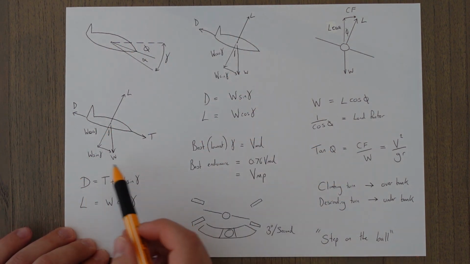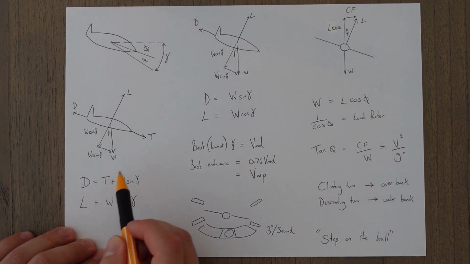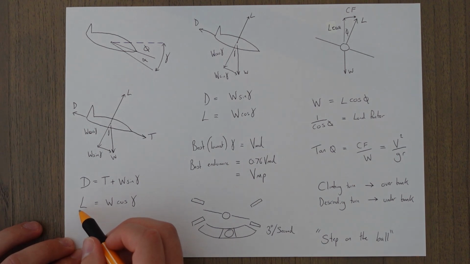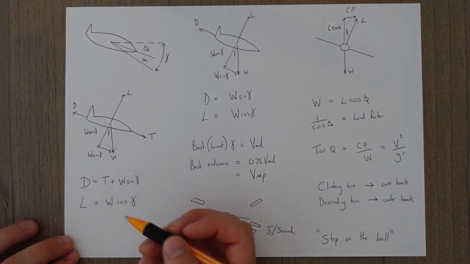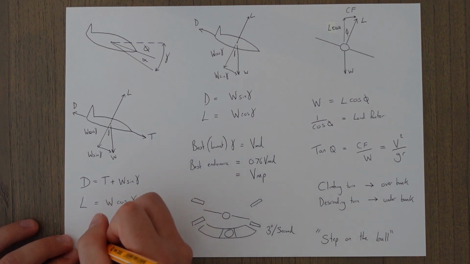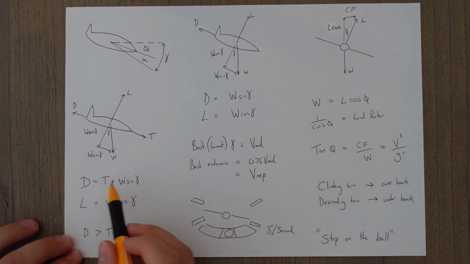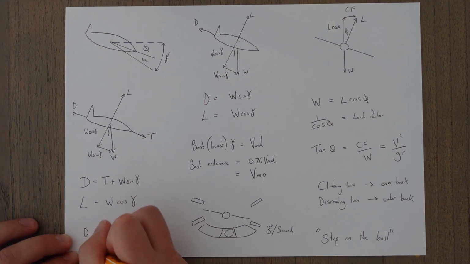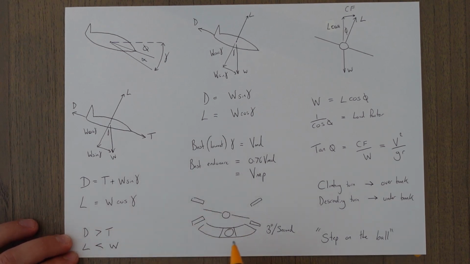So that means that our formulas for a stable descent are as so. The drag is equal to the thrust plus W sine gamma, and the lift is equal to the weight times the cosine of gamma. What that means in essence is that the drag has to be larger than the thrust because it has to overcome the thrust plus this proportion of weight, and the lift has to be smaller than the weight.